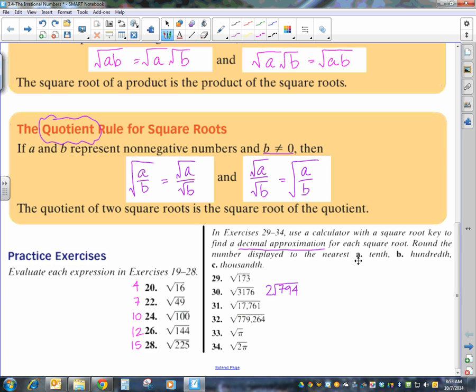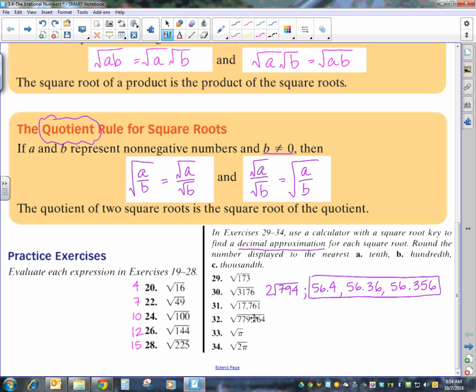The first part is we're supposed to round to the nearest tenth. To the nearest tenth, you have 56.4. To the nearest hundredth, it's going to give you 56.36. And to the nearest thousandth is going to give you 56.356. So these are the answers to that problem.